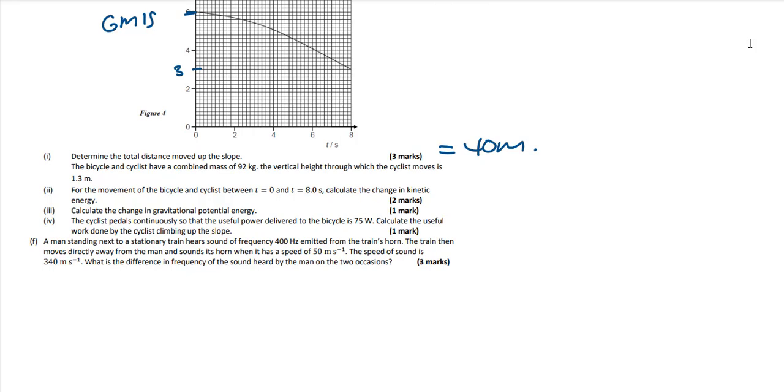So what will be the change in kinetic energy? The change in kinetic energy will simply be a half m into v squared minus u squared.